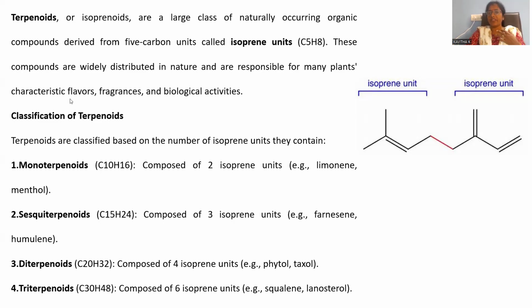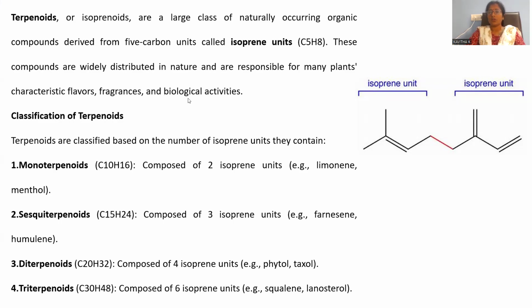Various kinds of taste. If you are eating vanilla ice cream, there is a kind of terpene there. So vanillin will be there, and various fragrances, so you can go with limonene, you can go with rosemary. So various kinds of fragrances are also given by these terpenes only. And so far we can go with pharmaceutical applications.